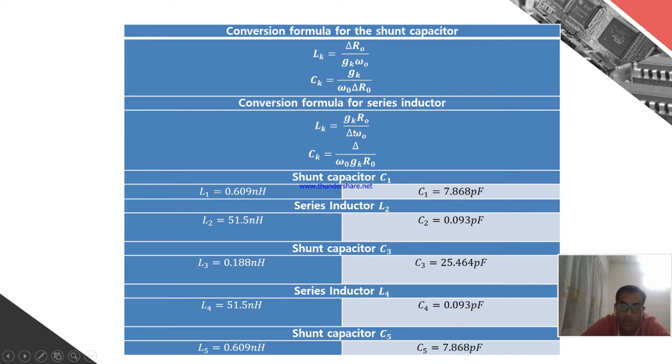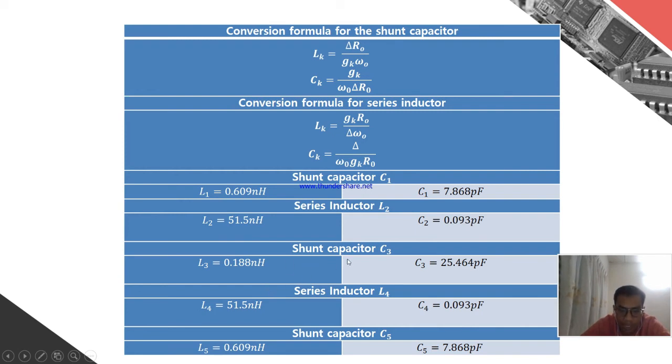So we need to use the formula for series inductor. For inductor 2, we can use gk multiplied by R0 divided by fractional bandwidth multiplied by omega 0. We find the value is 5.15 nanohenry. For capacitor 2 it is 0.093 picofarad.